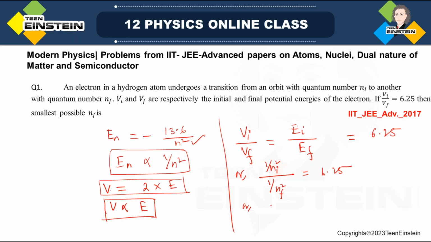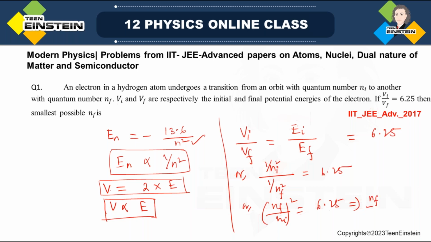Then we can do a little bit of simplification. This 6.25, the left hand side I can just make it whole square, is equal to this.